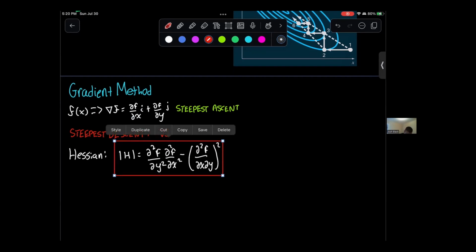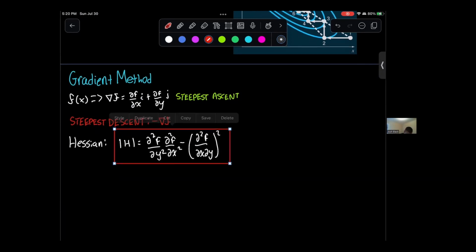Now, if the Hessian is less than 0, you're at a saddle point. At a saddle point, there's no max or min.